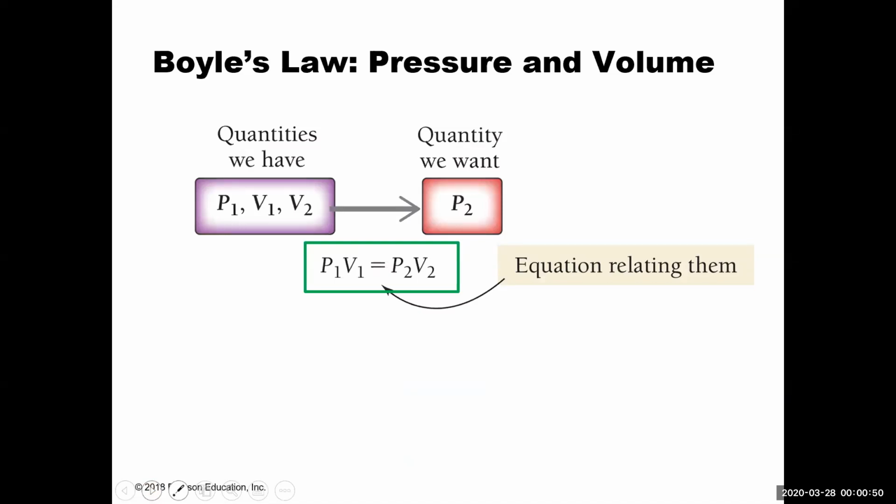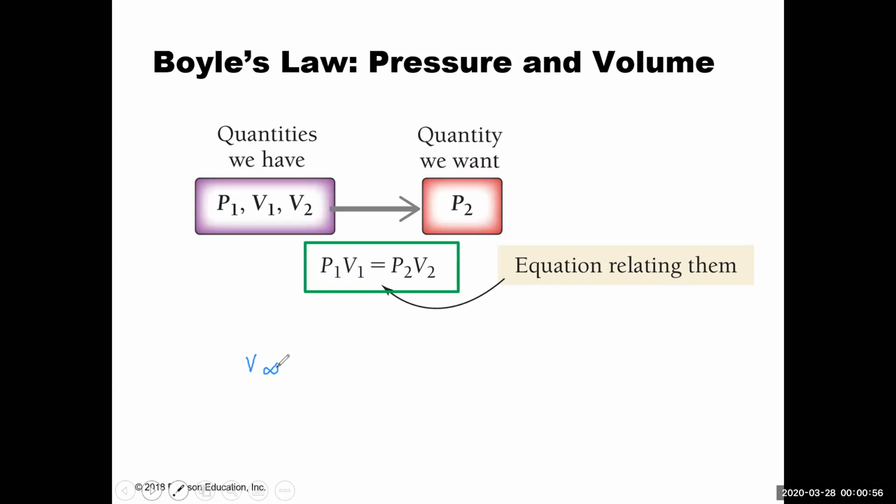So with Boyle's law, we saw that volume is inversely proportional to 1 over pressure, or the inverse of pressure. If we're relating the same gas at 2 different pressures and 2 different volumes, we can relate them using this rule by Boyle's law.